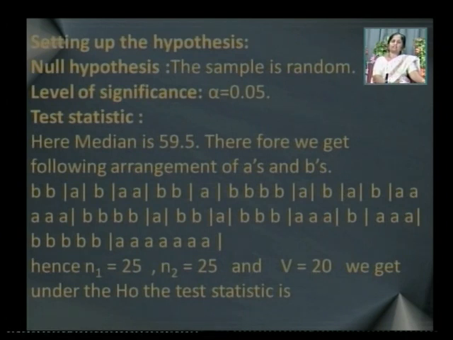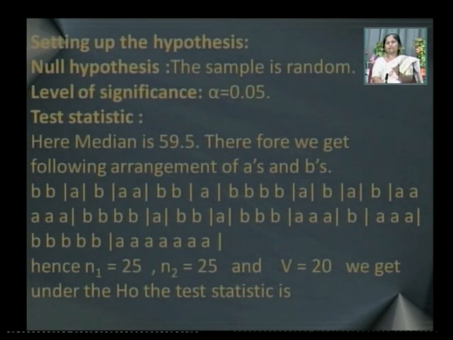The null hypothesis is that the sample is random, the level of significance is 5%, which is 0.05, and the median is 59.5. Therefore we get the pattern of runs as BBB A BB, so this type of run is there.